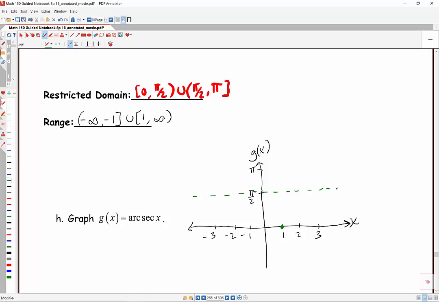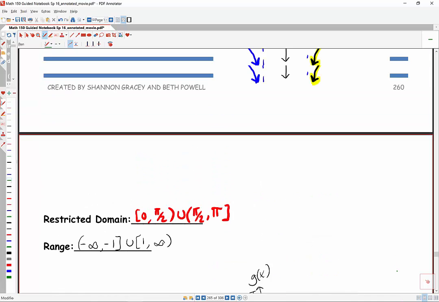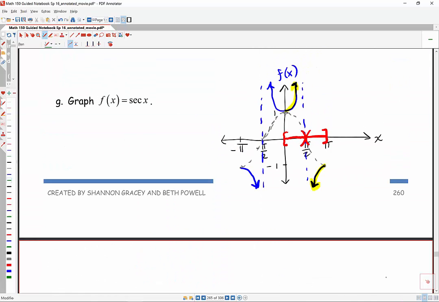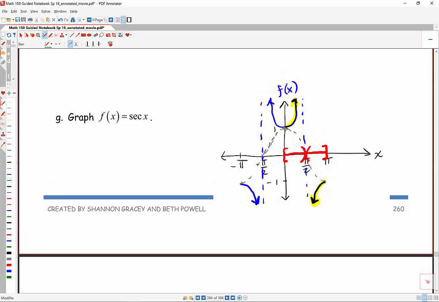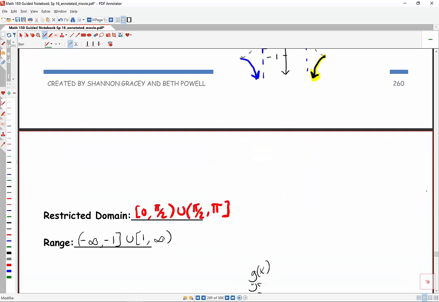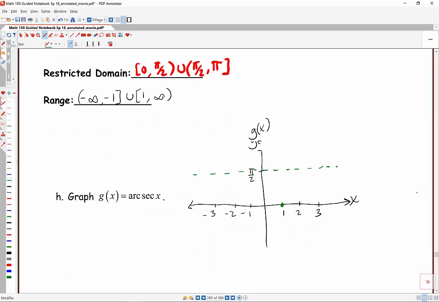if you come from the left side of pi over 2, you're going up to infinity. So as we come from the lower side of pi over 2, we're going to go to positive infinity.